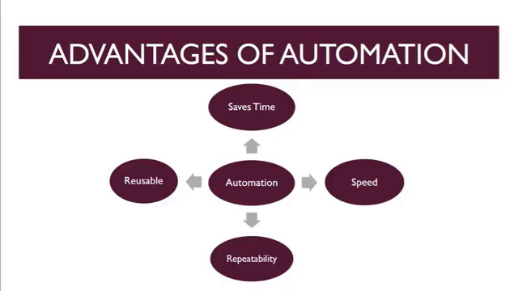Tests can be reused on different versions of the software. Some more advantages are that it is programmable and it increases the coverage. You can build a suite of tests that covers every feature in your application. That means cost reduction, and there will be a good ROI, that is, return on investment.